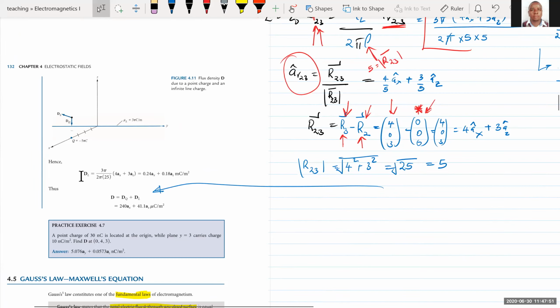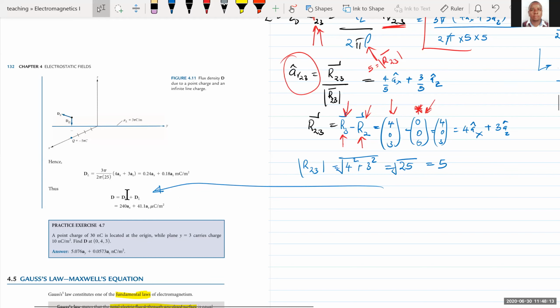And therefore, the total electric flux density acting on this point of observation is simply the sum of the two, dq plus dl. And when you add them, remember some of them are in millicoulombs per meter squared.